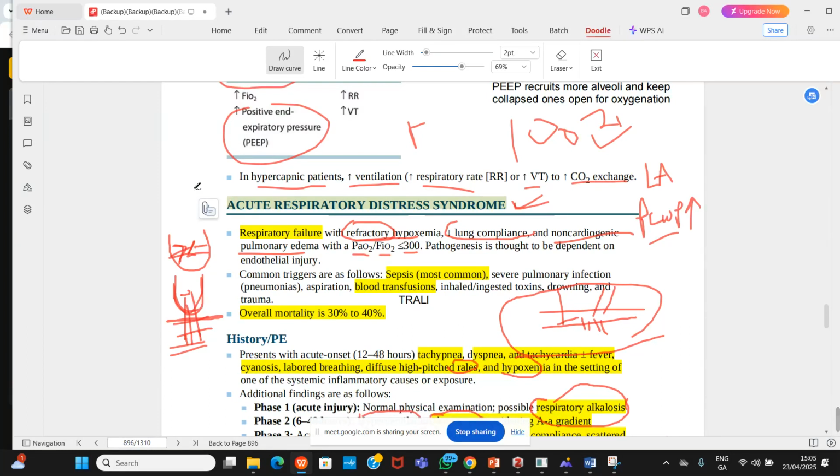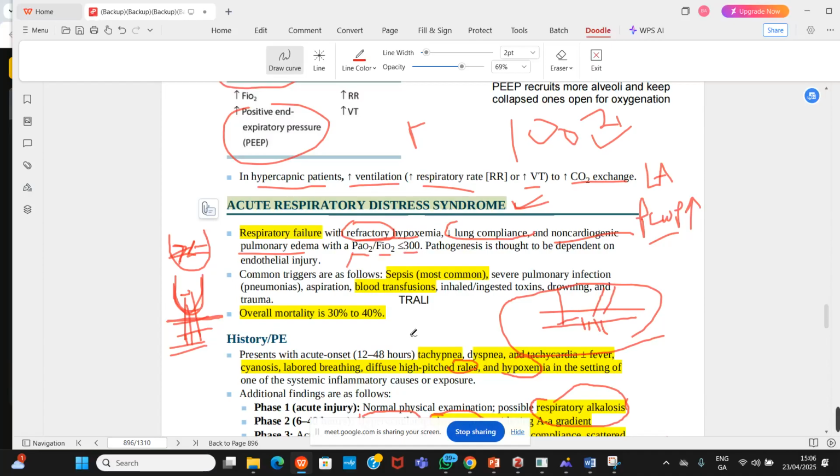But do we think the FiO2 is going to drop? Because FiO2 is just the amount of inspired air that the person is taking in that is constituted by oxygen, right? Do we get that? So that one is not really affected by the process. So that is why in people with ARDS, the PaO2 over FiO2 ratio is going to be less than 300.